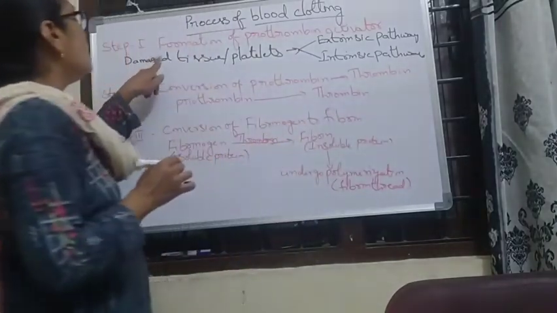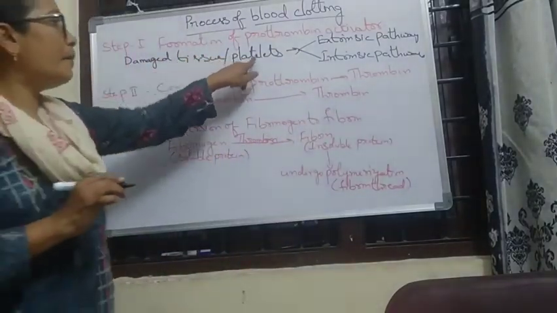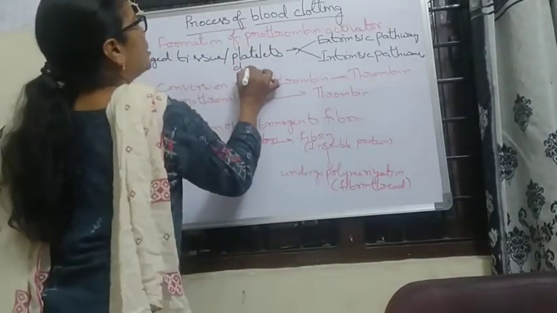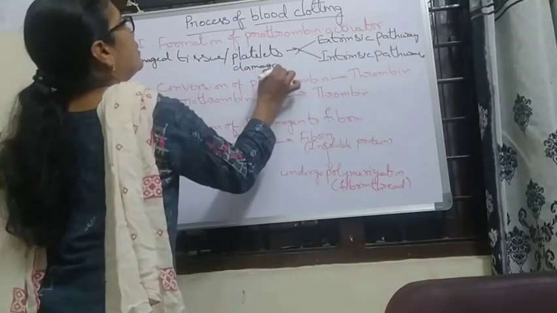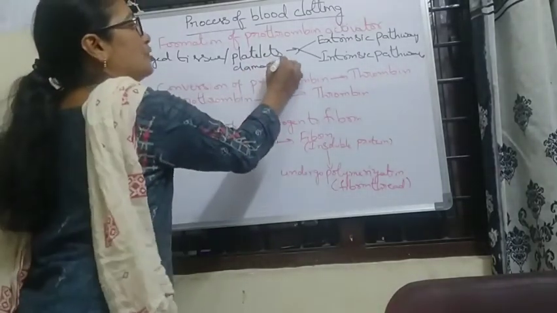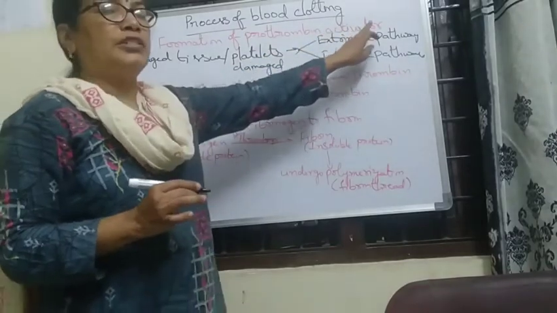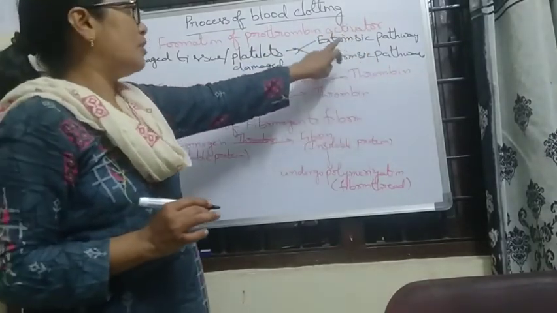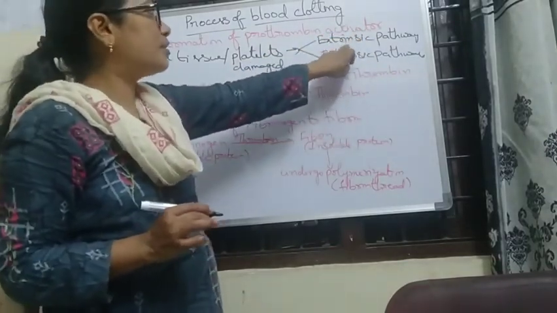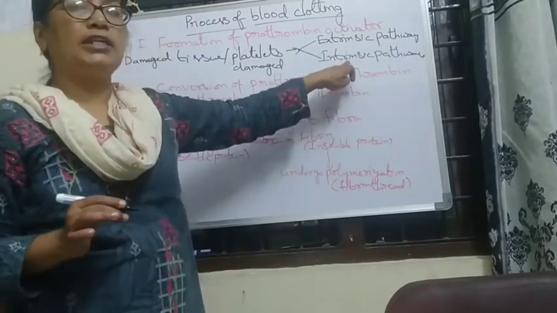In two ways, the damaged tissue or damaged platelets produce the prothrombin activator by two processes. What are the two pathways? That are the extrinsic pathway and the intrinsic pathway.